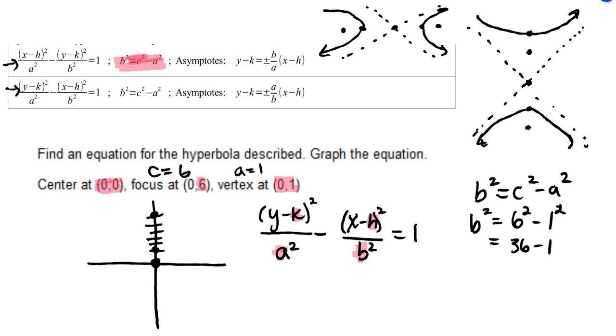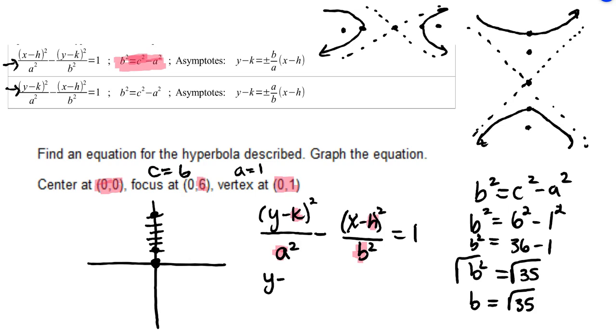That's 36 minus 1, which is 35. So b squared equals 35. I'll take the square root of both sides to get that b is equal to the square root of 35. We'll use the positive root since b is a distance.